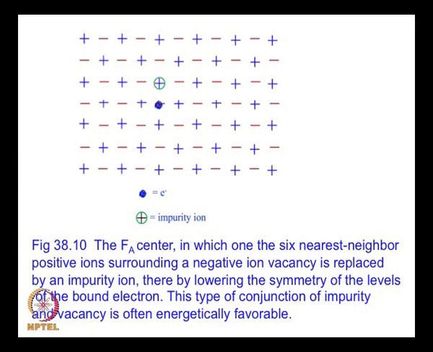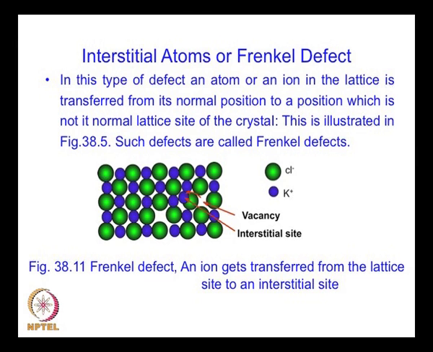So, these are the different types of color centers which produce a rich variety of optical absorption bands and spectra, which can be used to probe the solid as well as to produce devices of different kinds.